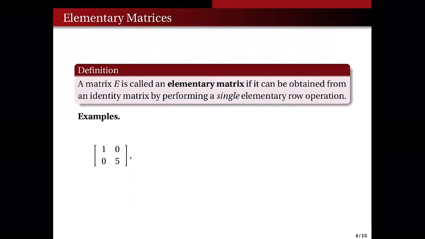You start with the identity matrix, you apply a certain elementary row operation. For this one particularly, you just have to multiply row 2 by 5 and you will get 1, 0, 0, 5. So this guy here is an elementary matrix. From the identity matrix, apply a single row operation and you will get an elementary matrix.